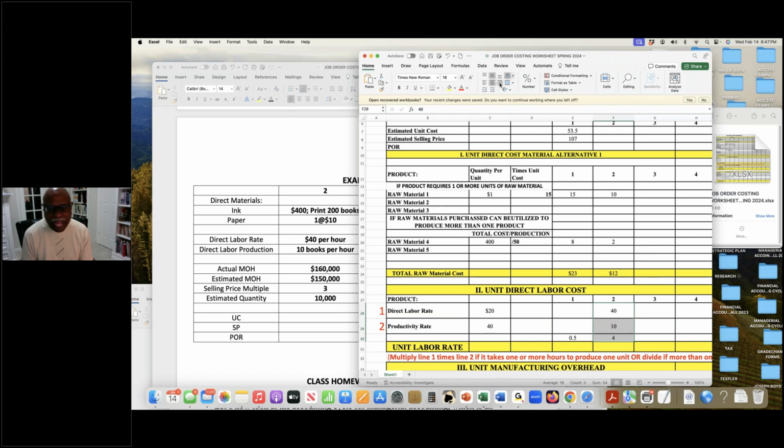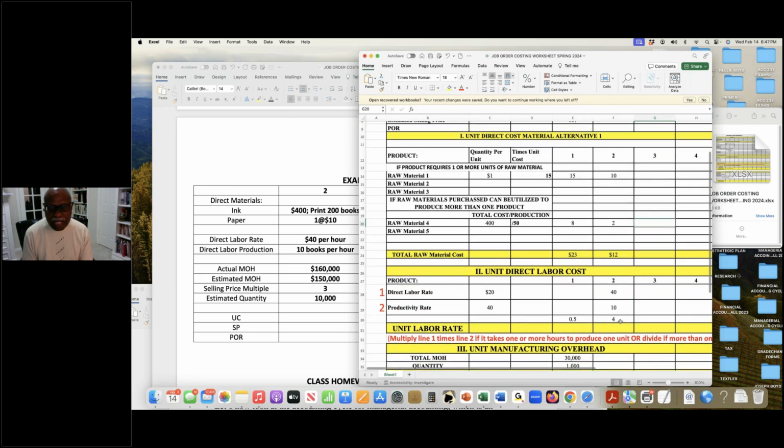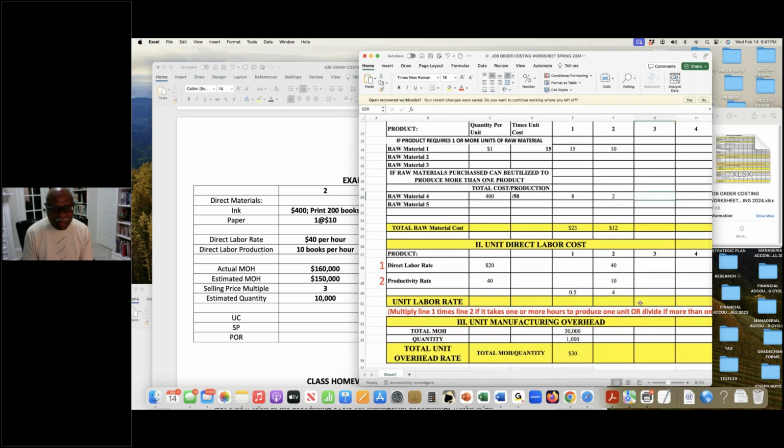So now we have the raw material cost 12. We have the labor cost 4. Now we need the manufacturing overhead. What's our total MOH, and which cost should we have used? The estimated one, 150,000. How many were we making? 10,000.